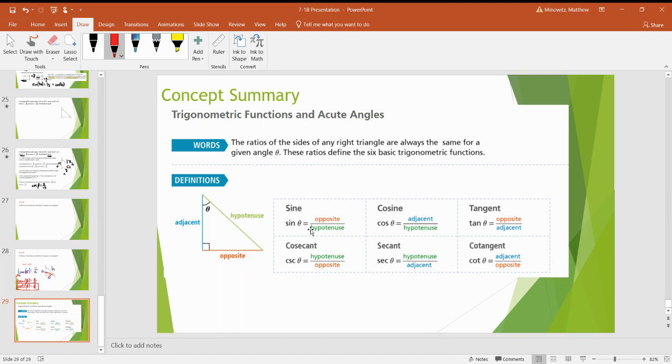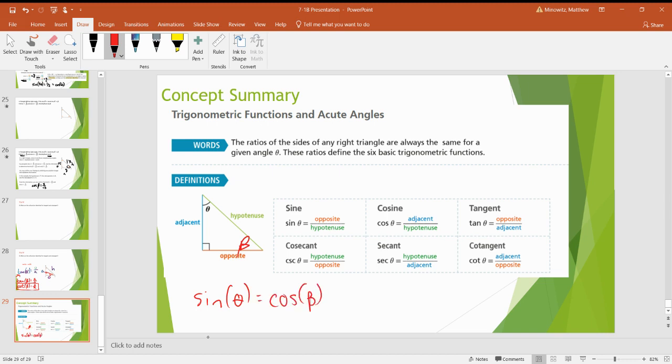So what we see here in this lesson: label the triangle, draw the picture. We know how to solve after we set up the ratio, the sine, the cosine, the tangent, the cosecant, the secant, or the cotangent. We learned that if that's theta and this is beta, the sine of theta equals the cosine of beta.